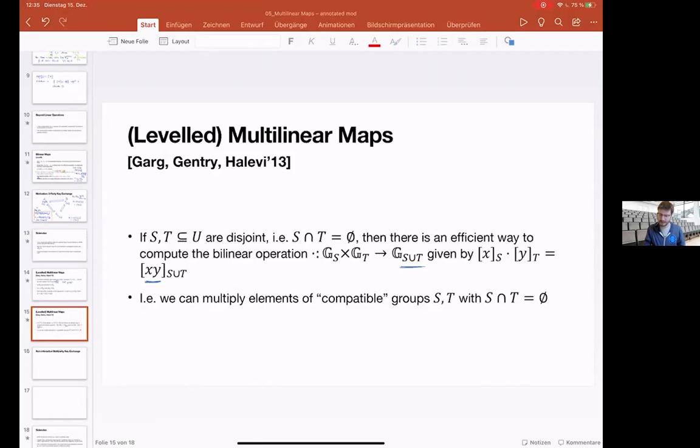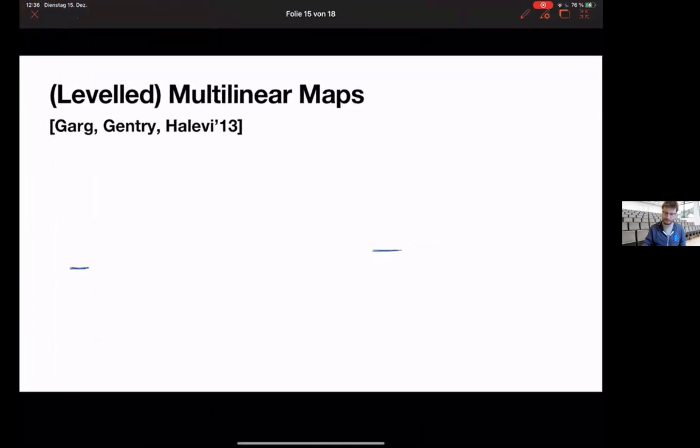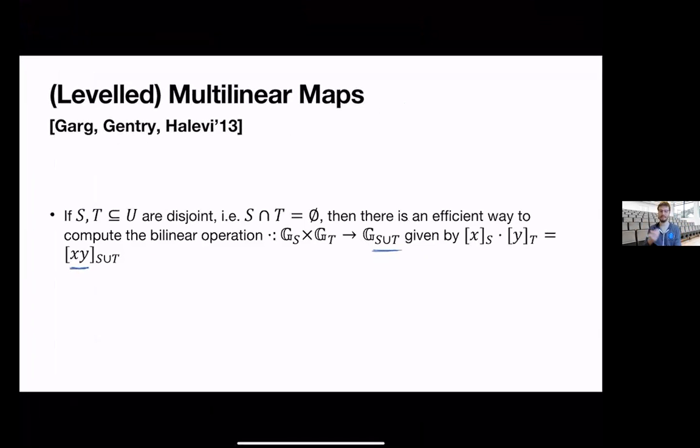Probably not today, but what makes these multilinear groups special is that if I have two such legal subsets S and T, I can multiply elements in G_S with elements in G_T in the canonical way. So my multiplication takes an element in the group G_S, an element in the group G_T, and outputs something in the group G_{S union T}.